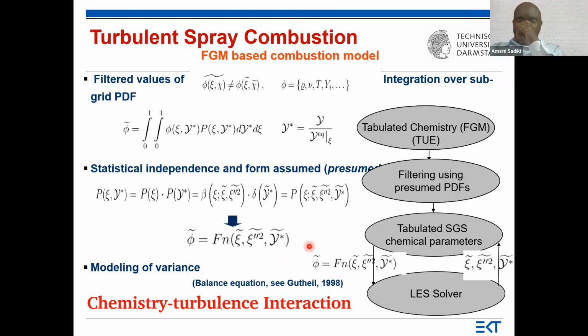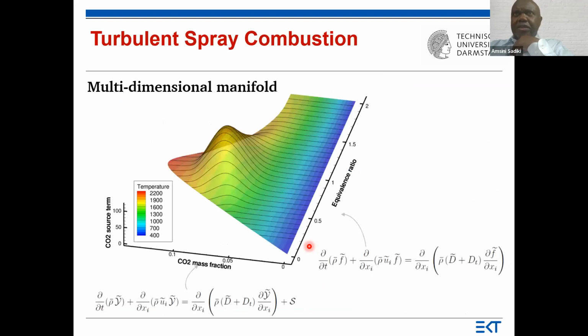So we stop here because we have introduced the FG-based combustion model in the turbulence combustion session. We have to solve two main equations. In addition to the continuity equation and the Navier-Stokes equation, we include the mixture fraction equation and the progress variable.